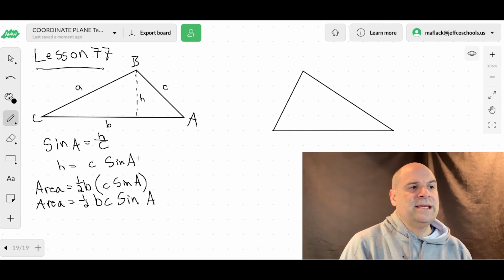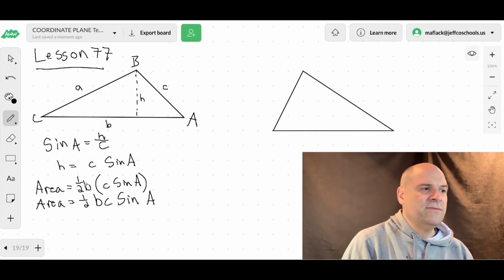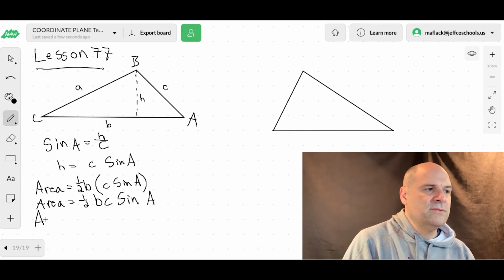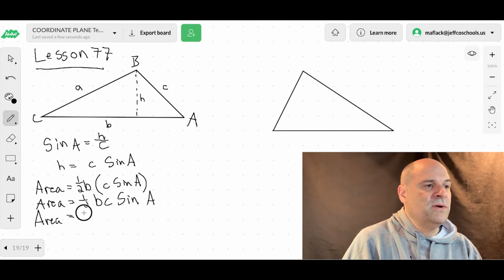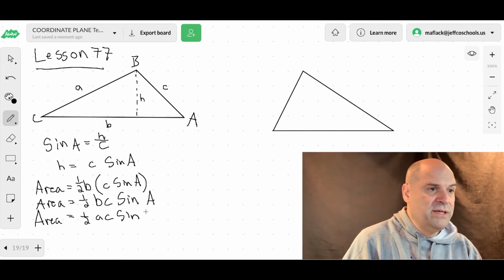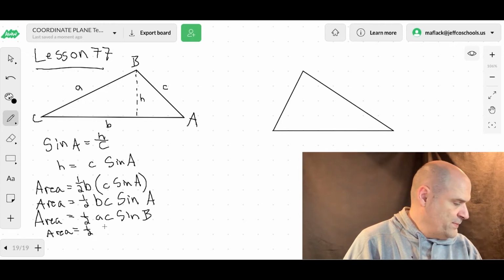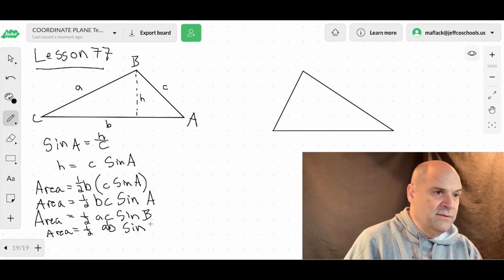So you could do the same formula with all these different letters. So area also equals 1/2 AC times the sine of B. And this could also be area equals 1/2 AB times the sine of C.